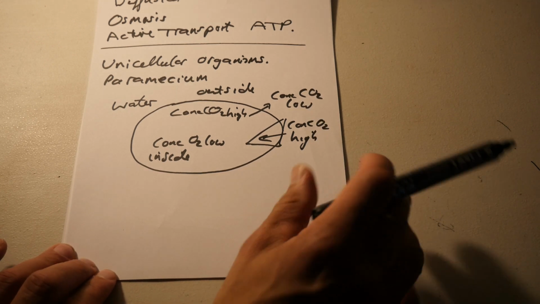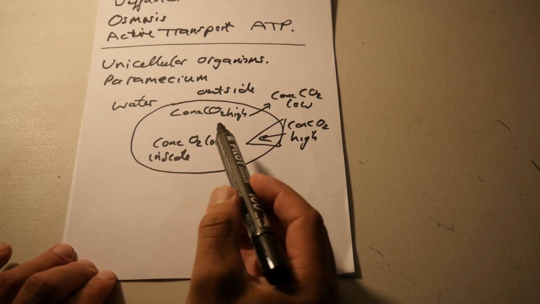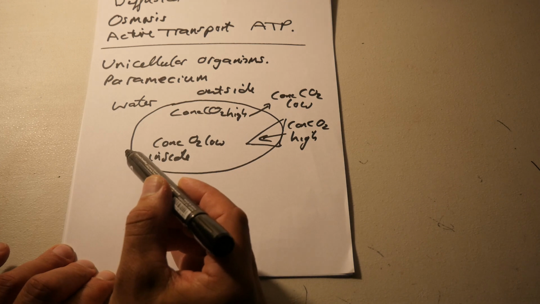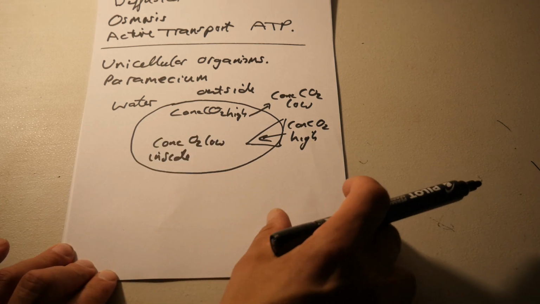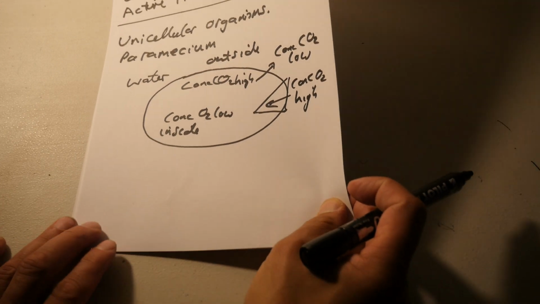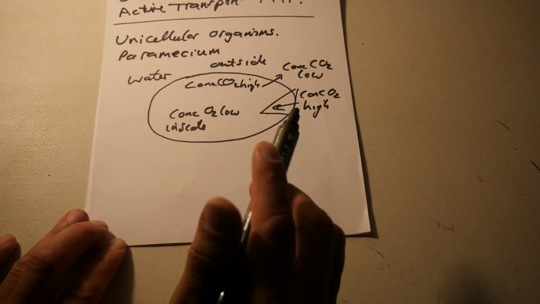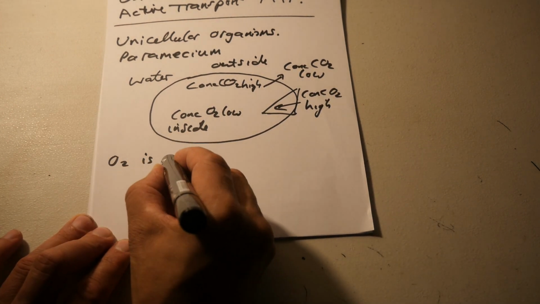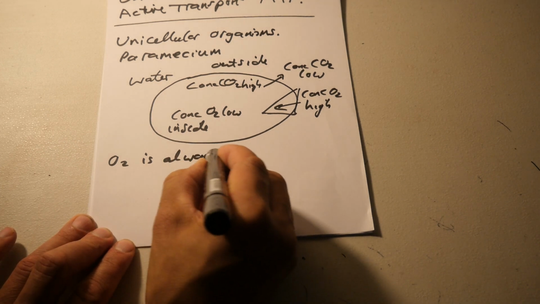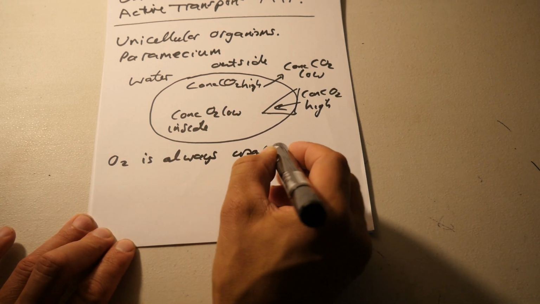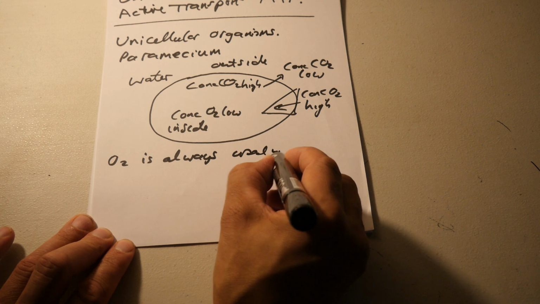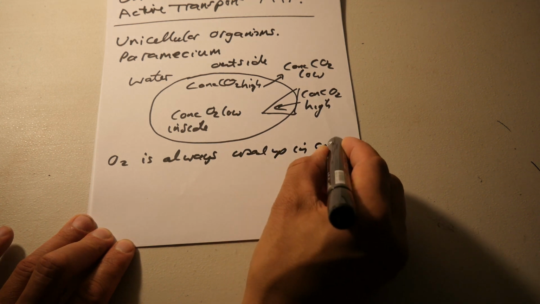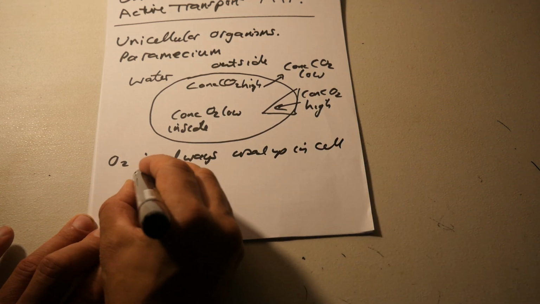The reason there's low oxygen concentration inside is because oxygen is always being used up by the cell in respiration.